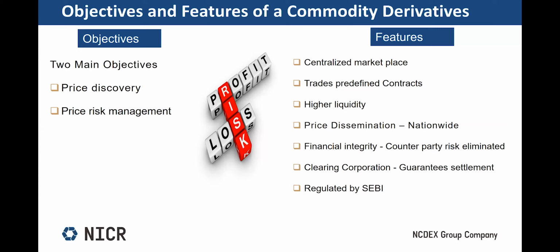We also talked about liquidity, because higher liquidity tends to give you better and fairer price discovery. Financial integrity exists because the counterparty risk is taken care of by the clearing corporation, which ensures settlement guarantee. And overall, this is regulated by a central regulator, the Securities and Exchange Board of India, which also regulates the equity market in the country.